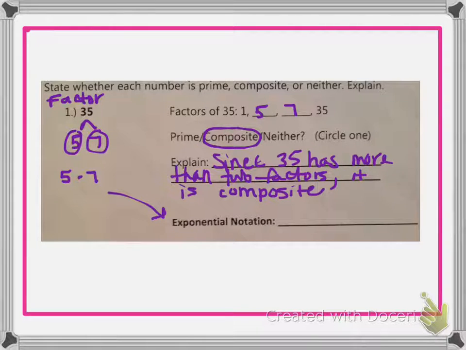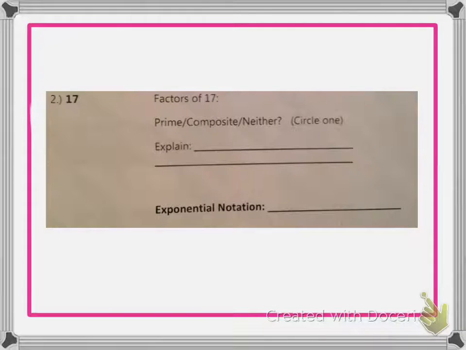Then we have this thing called exponential notation. We only have two numbers, so exponential notation is going to look like this.